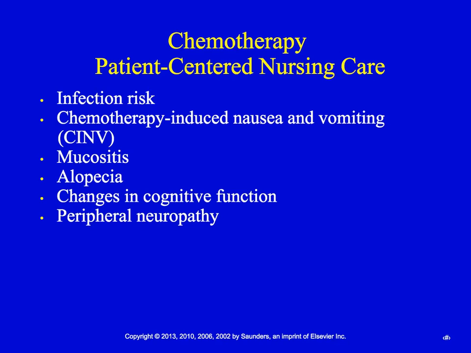It can cause cystitis in a patient. So look for outliers like that, specific side effects of these medications. Most of them will cause nausea and vomiting. They can get alopecia, where they lose their hair.